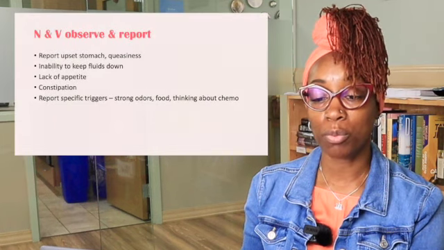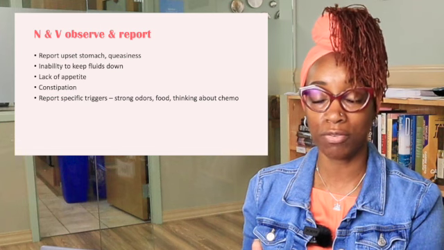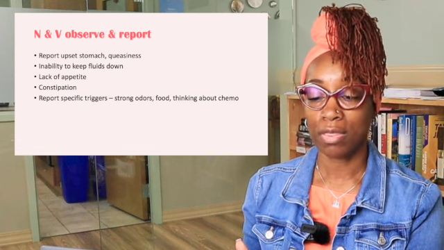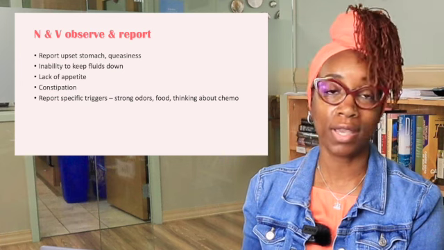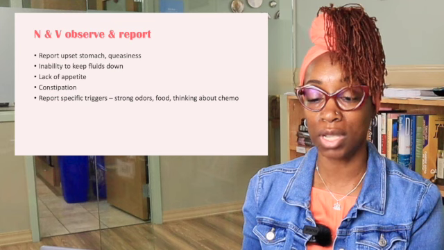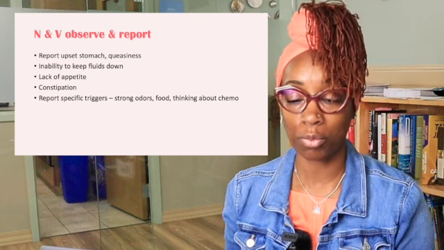You want to observe and report any upset stomach or them complaining of any queasiness or just that feeling that their stomach is unsettled. If they can't keep anything down like fluids and or food, that would be another thing to observe and report.